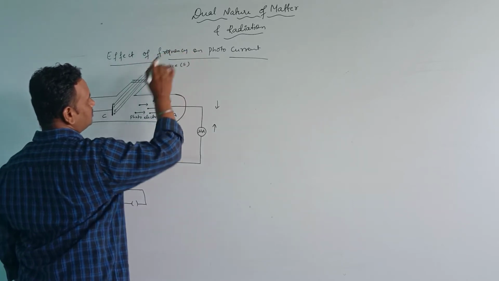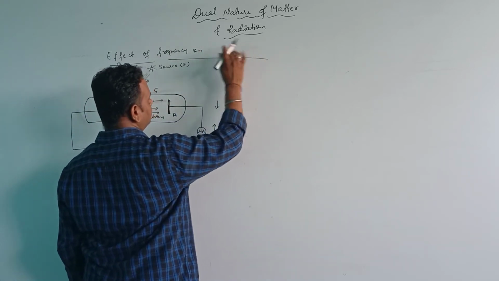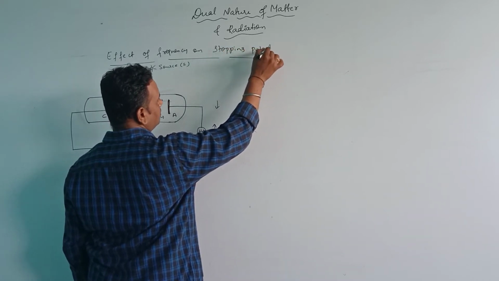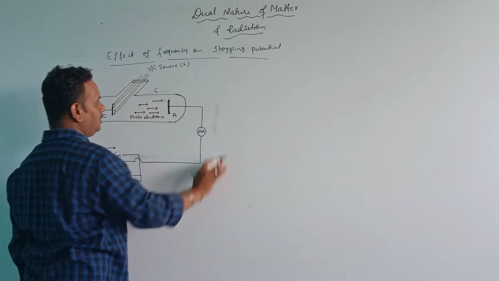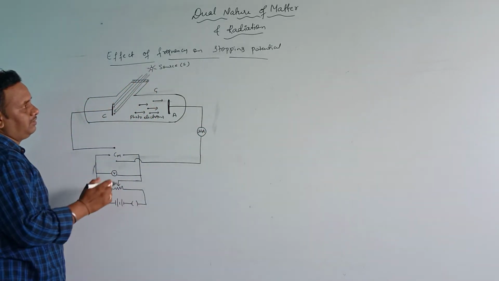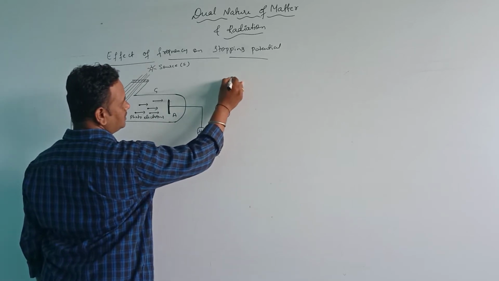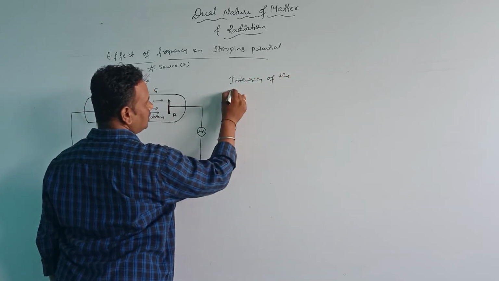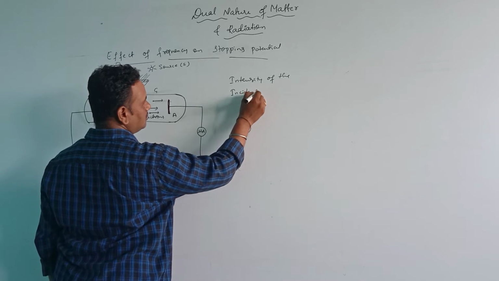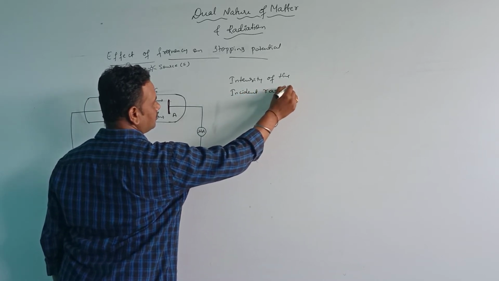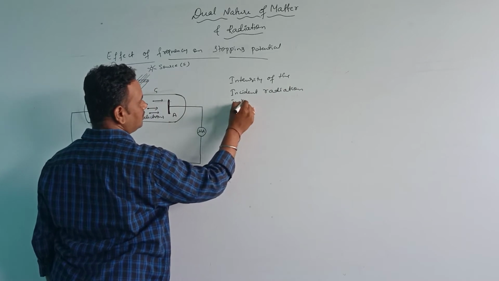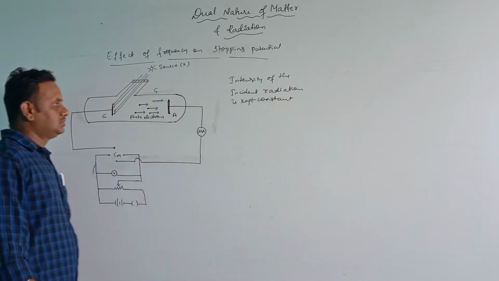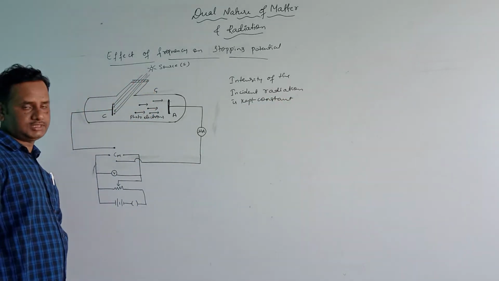frequency on stopping potential. Here we keep the intensity of the incident radiation constant.